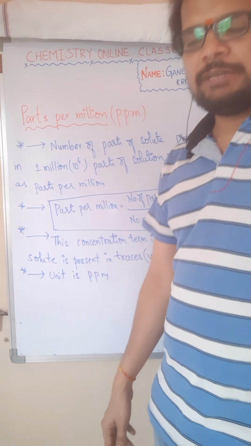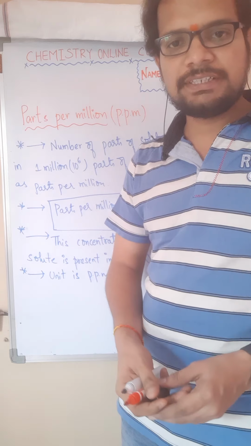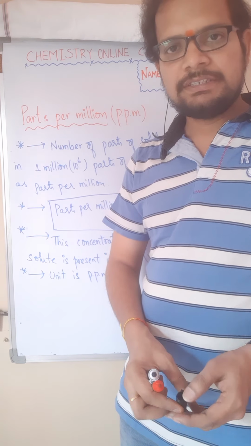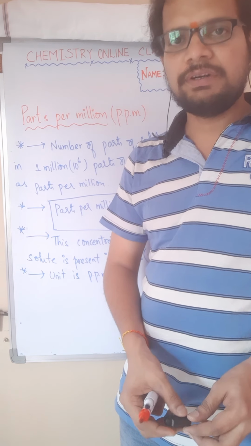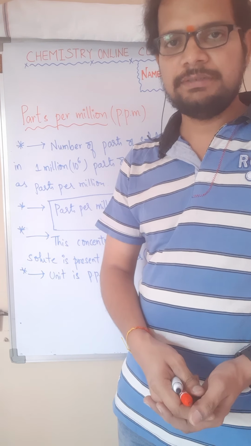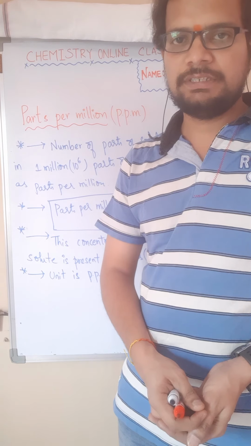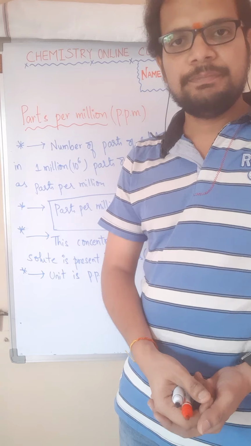Whereas weight by weight percentage, weight by volume percentage, and volume by volume percentage are generally used in medical industries, on ointments and tonics. You can see the composition of the medicine given as weight by weight percentage or weight by volume percentage. Like this, the composition will be mentioned on the medicine.